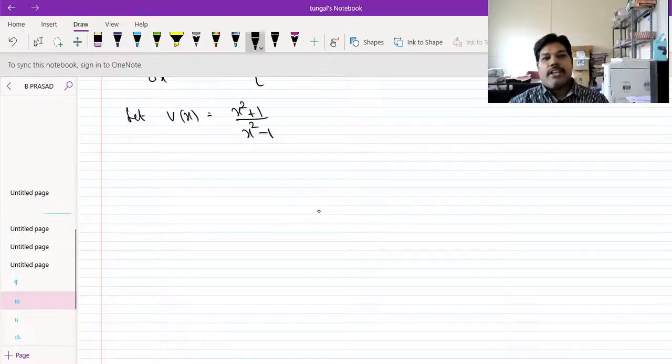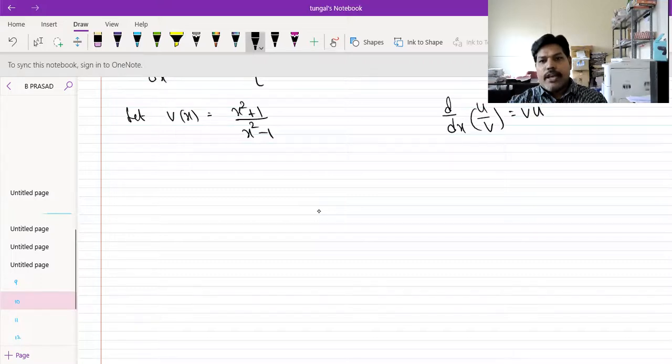For this function there is no need to apply the log, otherwise we can apply the log also, and we will get the answer. Otherwise we can apply it directly, since it is a u by v formula, students. The derivative of u by v is v into u dash minus u into v dash by v square.